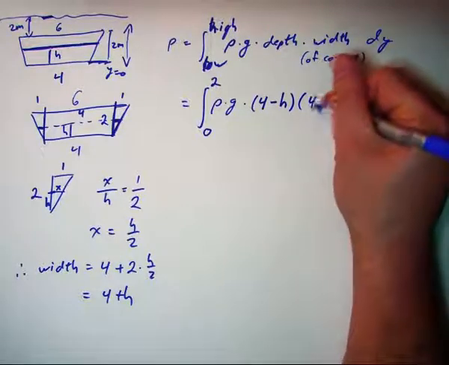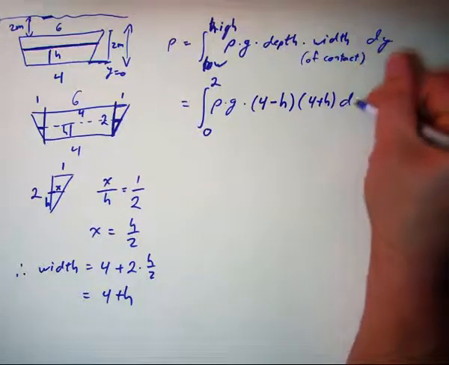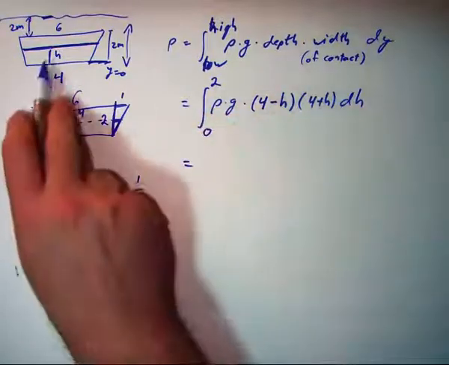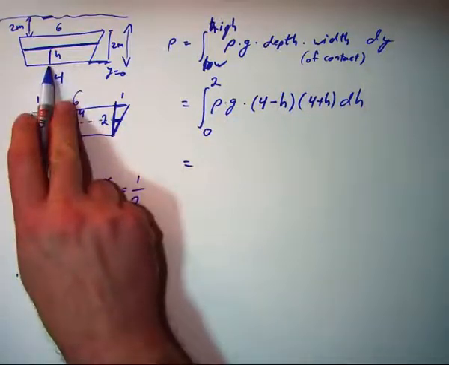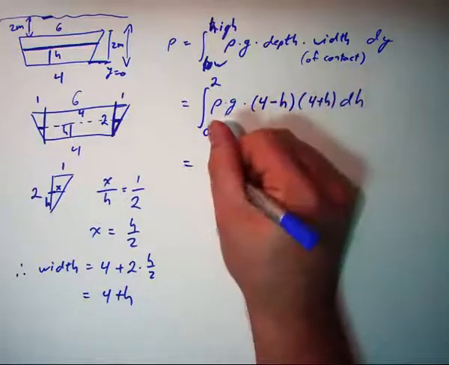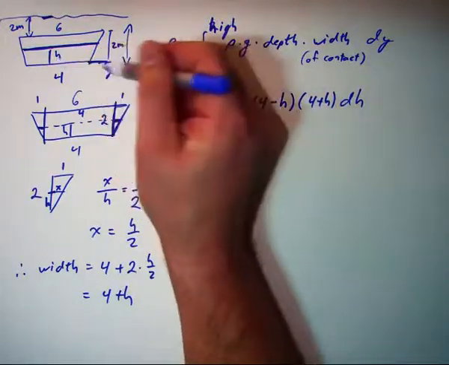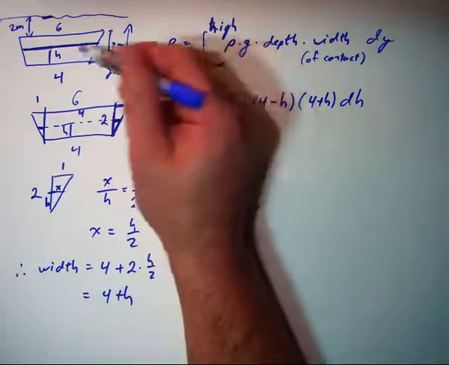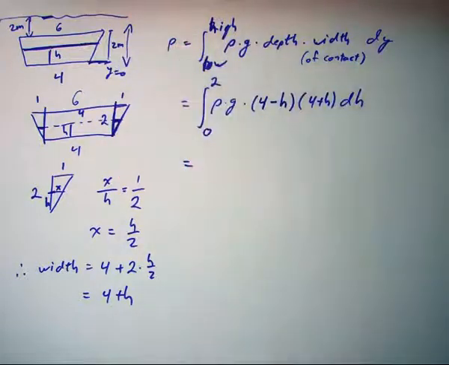The width is 4 plus h, and by this point we've moved to h as our variable. H and y are the same, right? They're both starting at 0, so it's very common for that to happen. When it happens, you'll see that you can just interchange h and y.